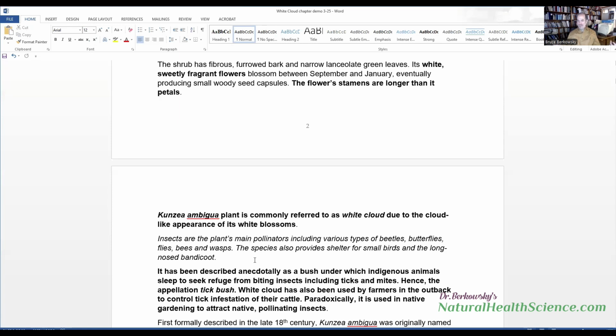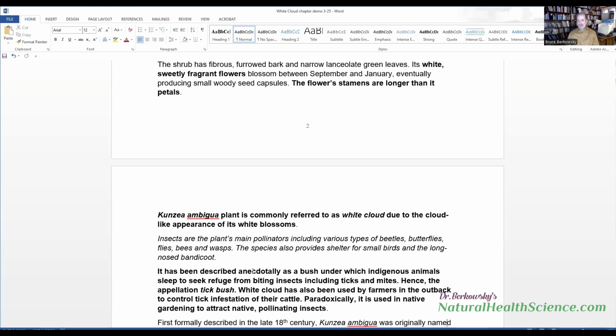So there's this transference of astral body energy, of animal soul energy from beetles and butterflies and flies and bees and wasps and long-nosed bandicoots and so forth and birds to the plant, which will then collect them and harbor them and concentrate them in its own manifestation. Remember, yang pervades yin and yin pervades yang, as we will see.